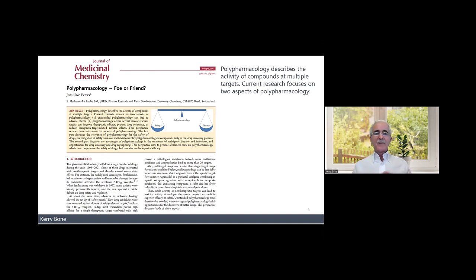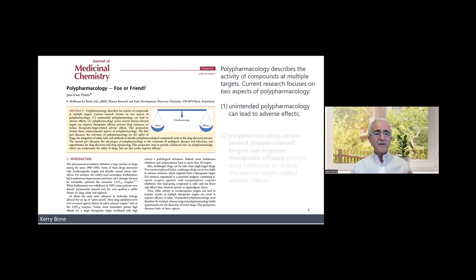So again, it's being recognized in mainstream research, and the current research focuses on two aspects. Unintended polypharmacy can, of course, lead to side effects. So a particular drug might have a strong action here, but it also has a strong action over here that you don't want, and that translates to a side effect.